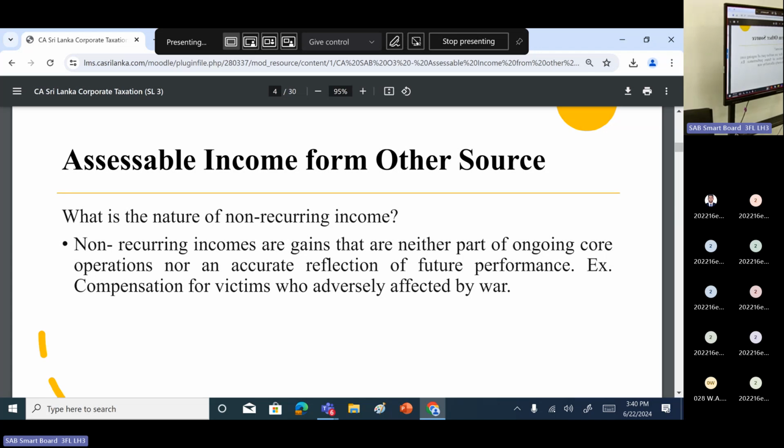Let's discuss one person who worked as an arbitrator for the settlement of a case. Actually, he did only one case in that particular year, and he got some income. He disclosed that income as non-recurring, because it is not happening again. But the court gave a decision in favor of the tax authority.